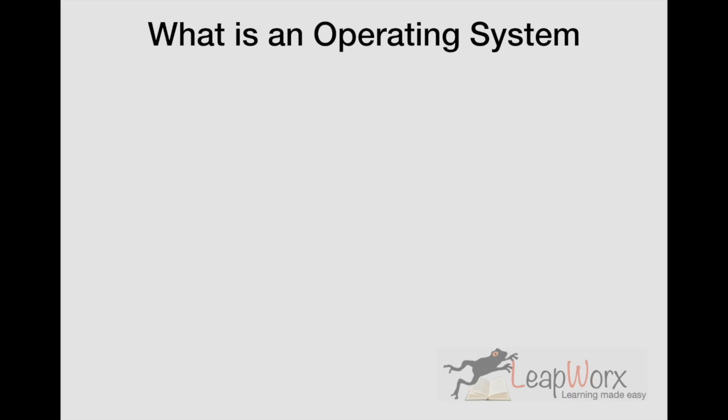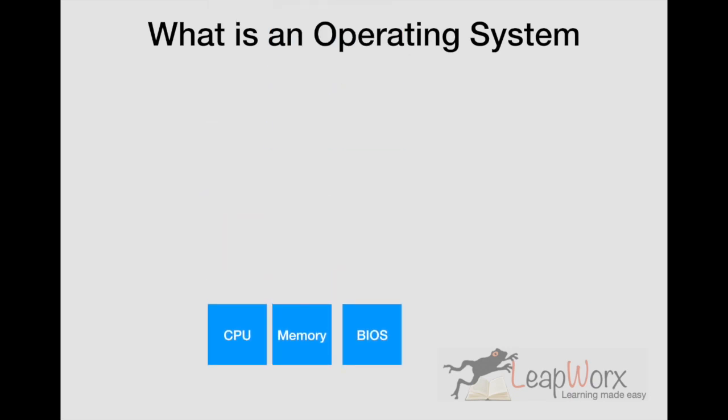So the next thing that we need to realize is that if you look in the computer, there's the CPU, there's memory, there's something called the BIOS, which is the basic input and output system. Usually the computer manufacturer puts some software in a read-only device, because a computer, when you buy it brand new, has absolutely no software in it, right?